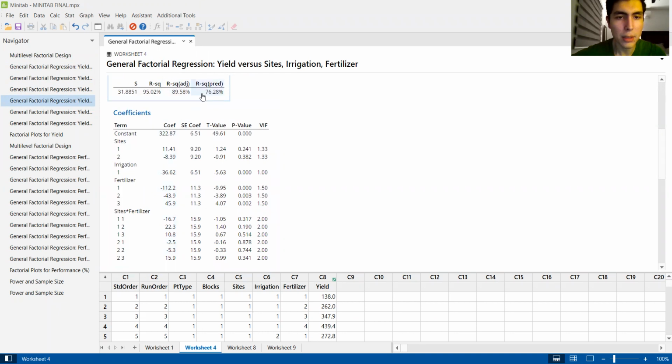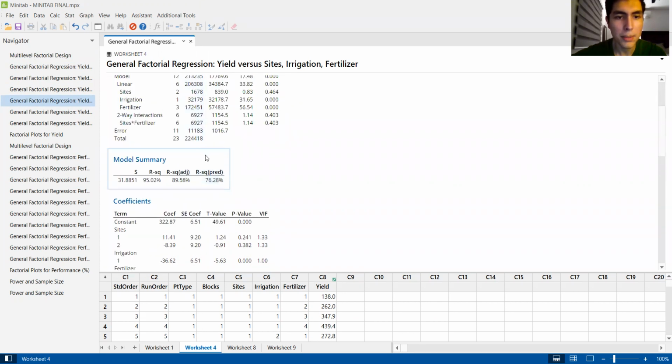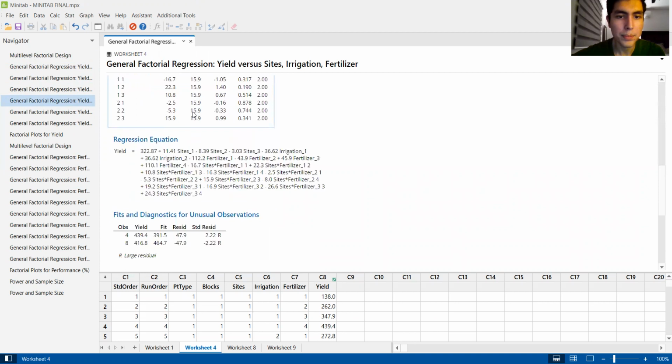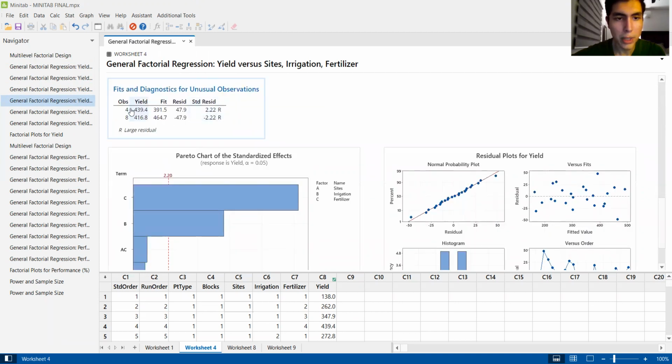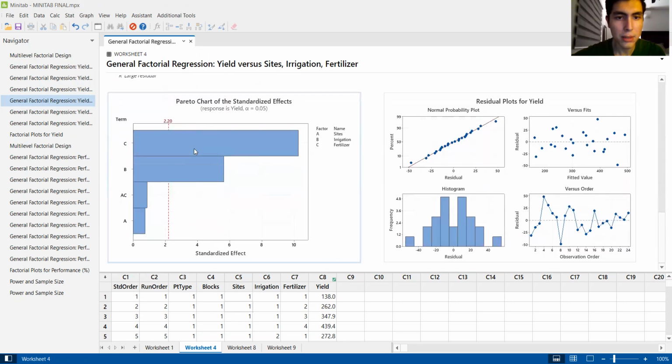This is an indication that we're going the right way, because a higher R square adjusted is an indication of a better model. Still showing here two unusual observations. The Pareto chart is still showing that C and B are significant factors.